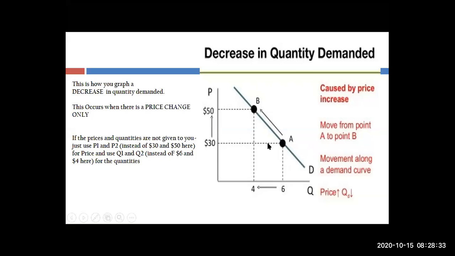For instance, the price of an object went from $30 up to $50. What ends up happening is that you have two fewer units being desired, so the quantity demanded shifts from 6 to 4. It's just moving along the first line.